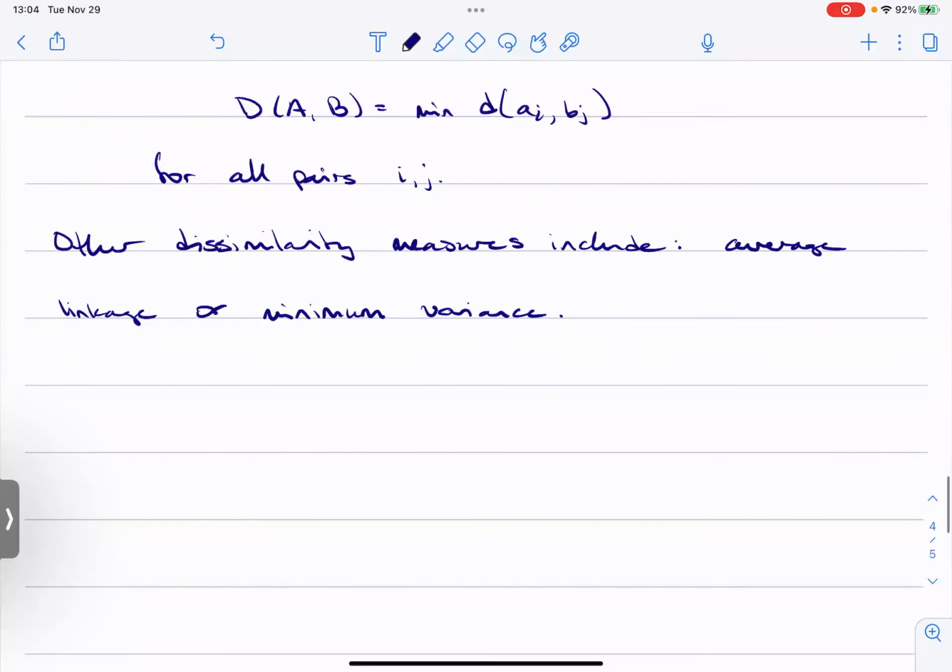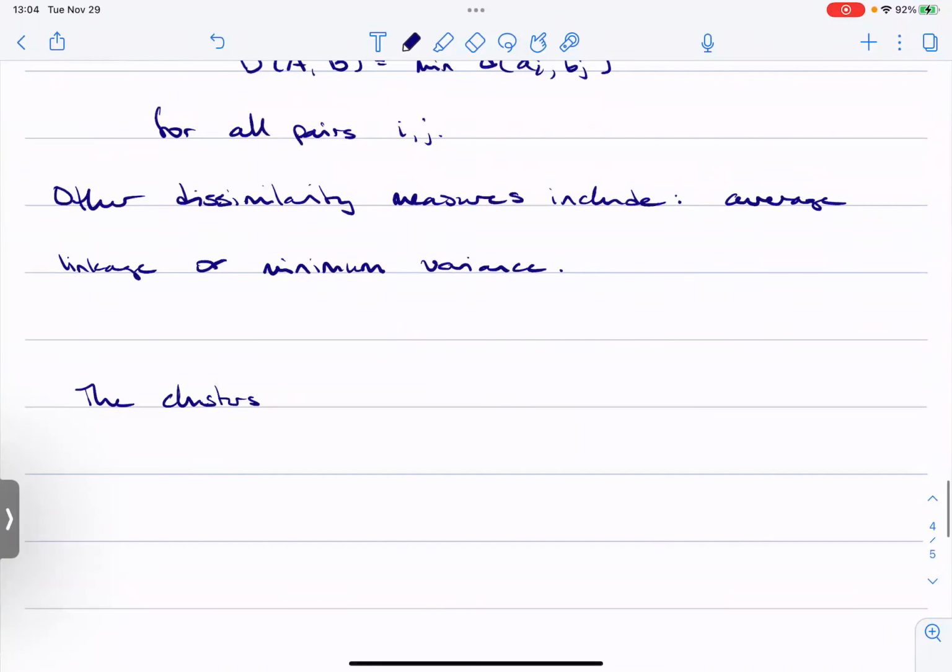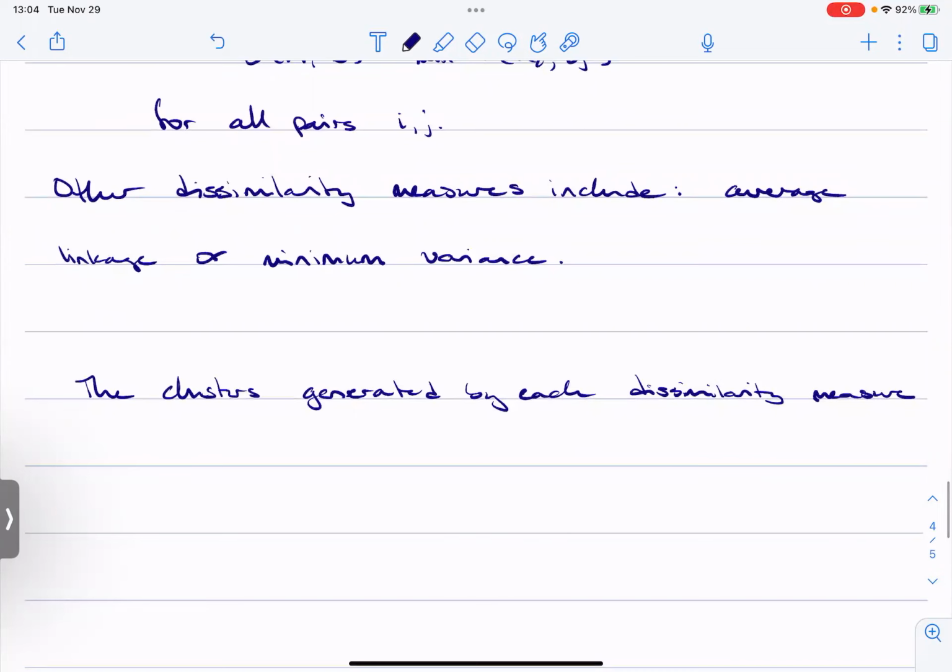Yeah. But the clusters generated by each dissimilarity measure can be quite different from each other.